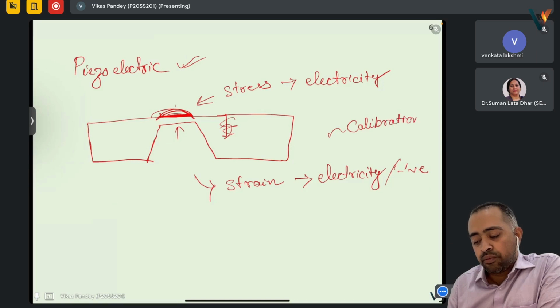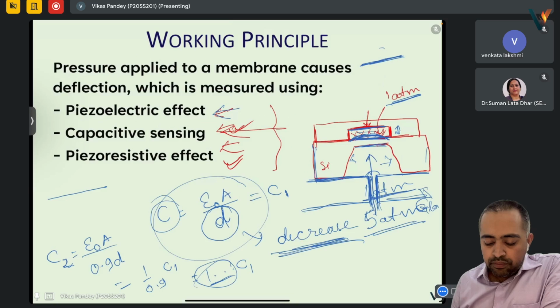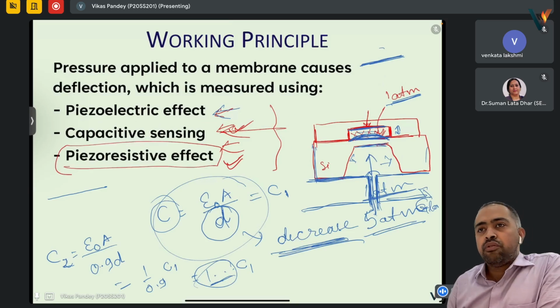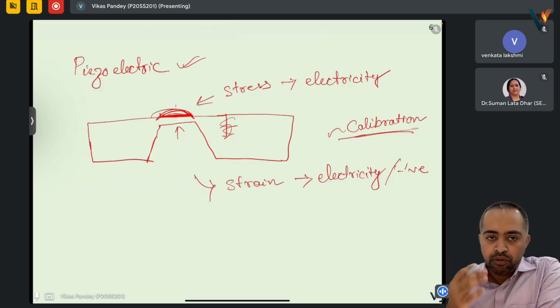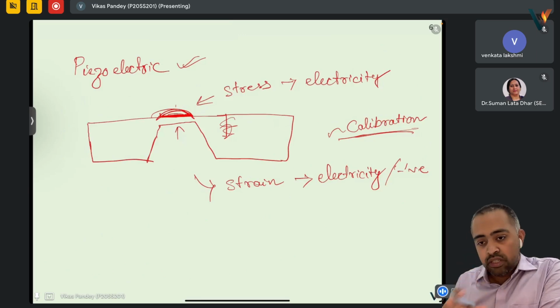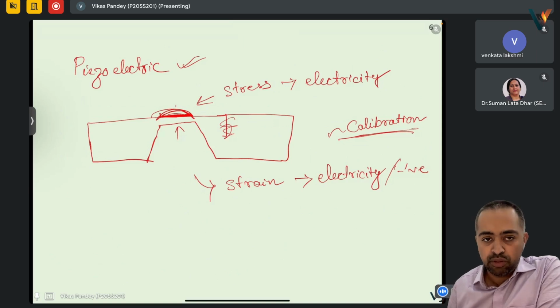Okay, the third way is the piezoresistive effect. This is one of the most convenient ways that is used, because here more than one structure in a Wheatstone bridge configuration can be used.